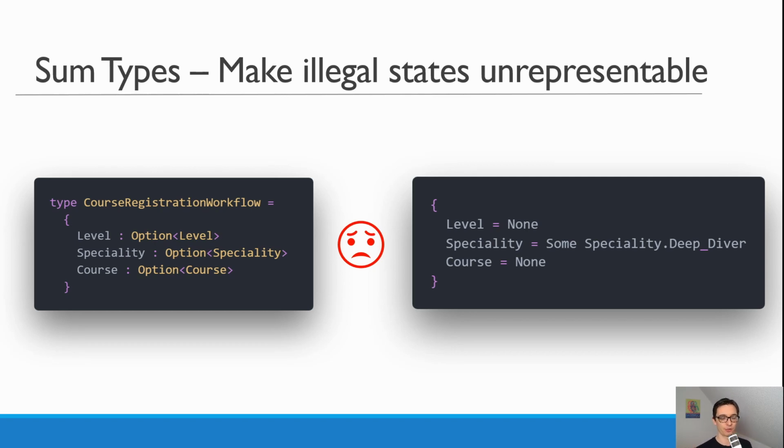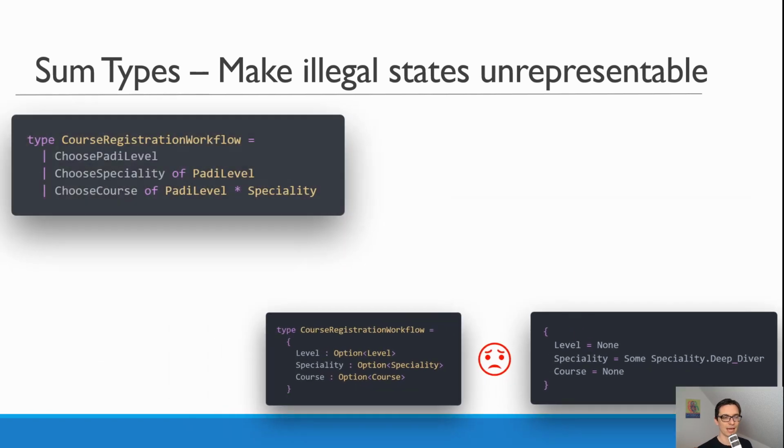Let's fix those problems. So in this case, in the first case, we had the problem that we have chosen a specialty, but we didn't actually choose a level. And this should not be possible. So how can we fix this? Well, we could create a new sum type, and we call it course registration workflow.